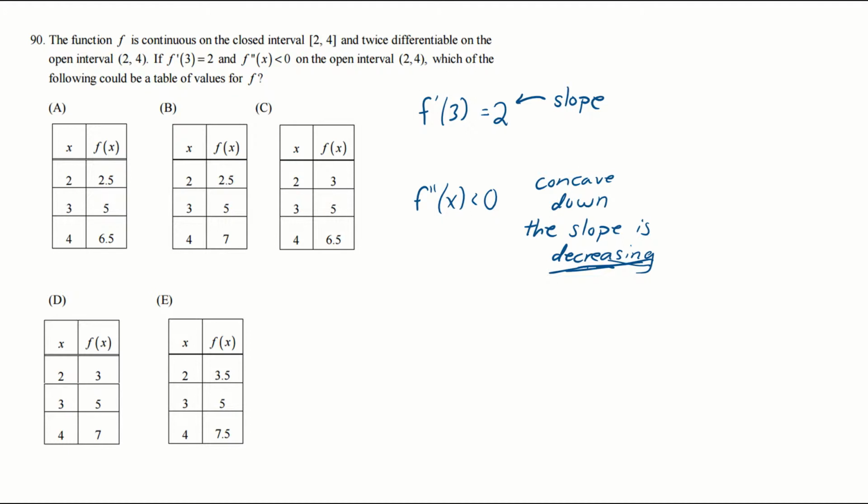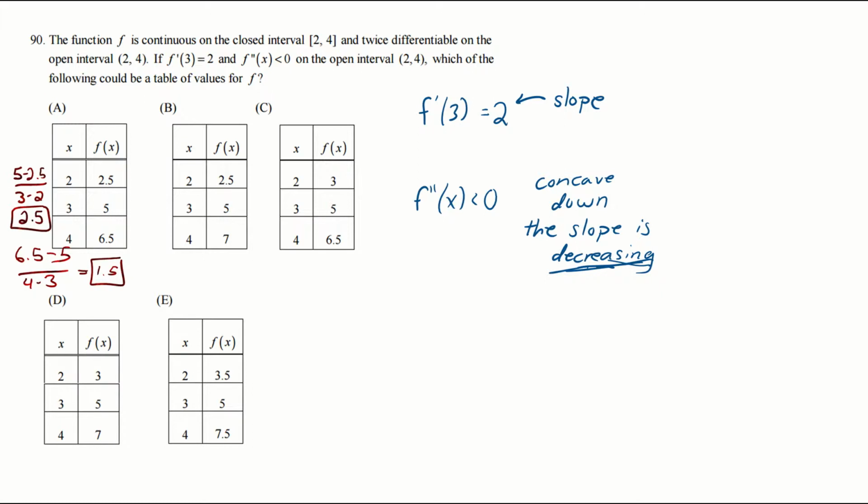So you're going to be doing things like 5 minus 2.5 over 3 minus 2. That gives me a slope of 2.5. And then on the next one, I go 6.5 minus 5 over 4 minus 3, which equals 1.5. So I see that slope is decreasing there, so A is okay.